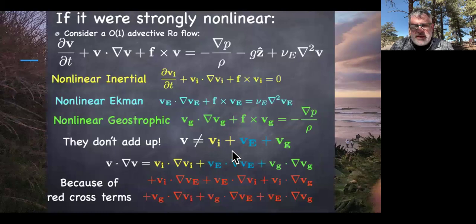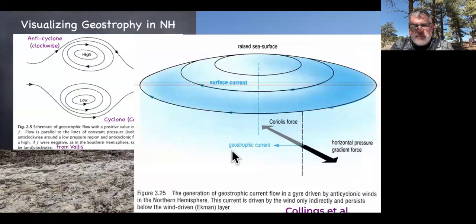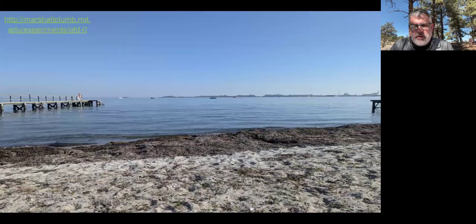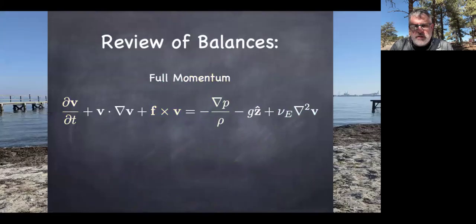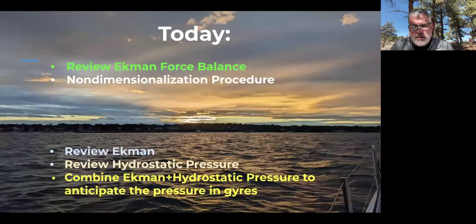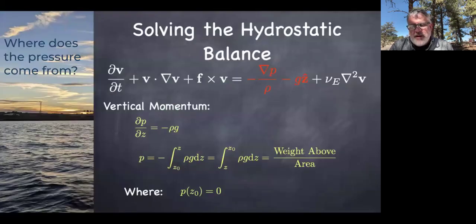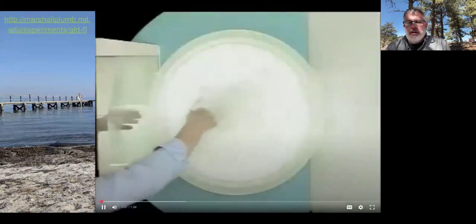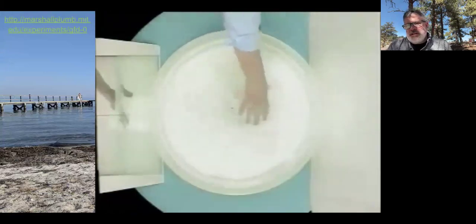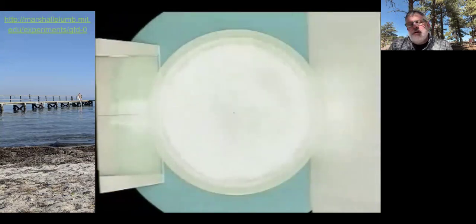And if you think back to our rotating tank case, which I'll go back to the little movie and play again because we have a little bit of time. Well, now I've lost the movie. If you think back to the rotating tank video, oh, here it is. That's exactly what's going on here. There's a geostrophic flow.